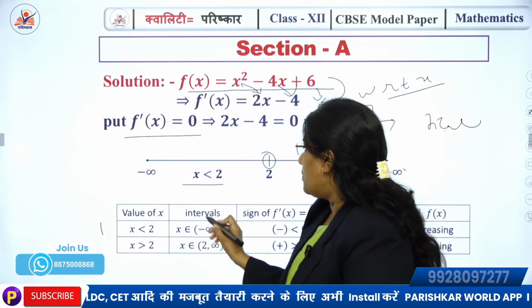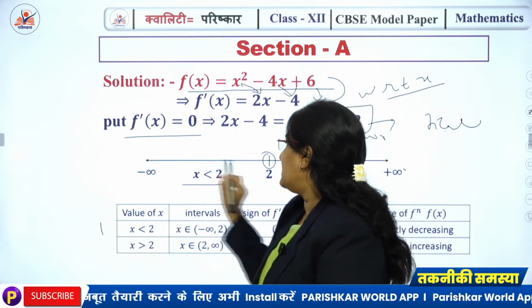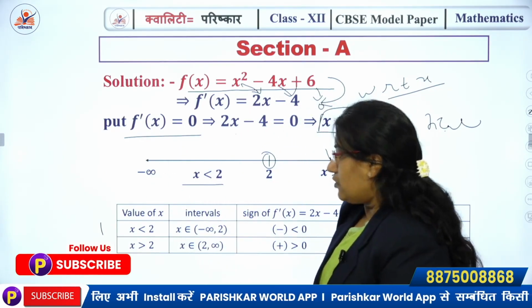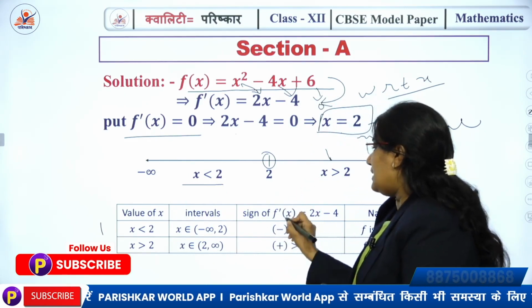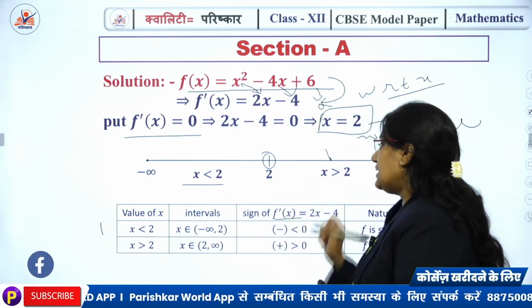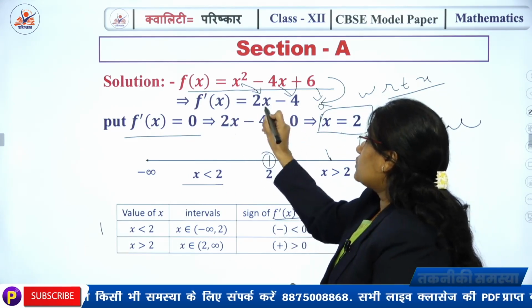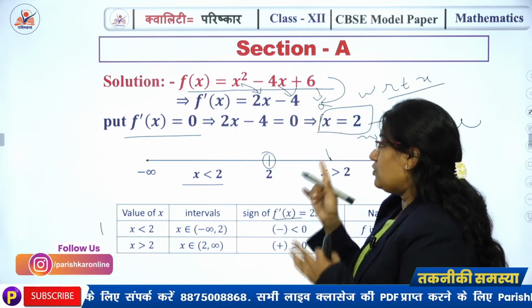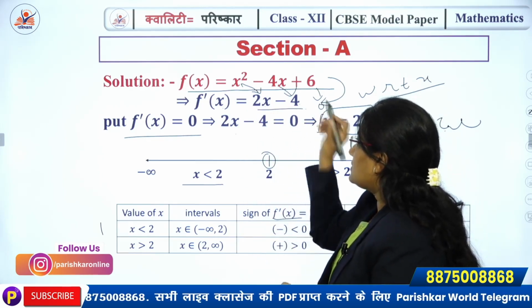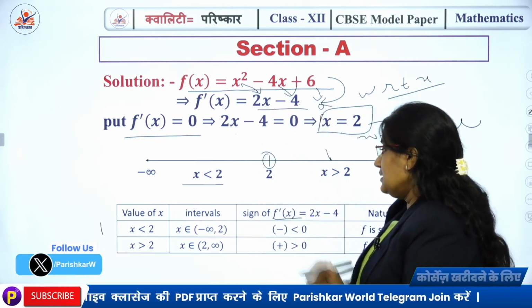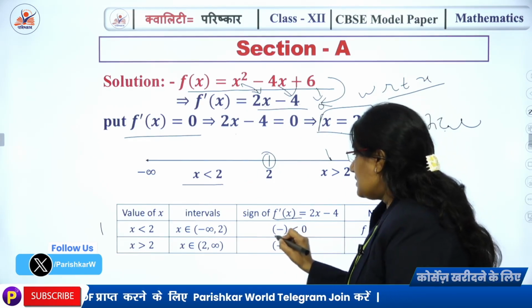Interval contains minus infinity to 2. Now we can check the sign of f dash x in this interval. We can see that f dash x is 2x minus 4. If we put the value of x less than 2 in this equation, we can see the sign of f dash x is negative.